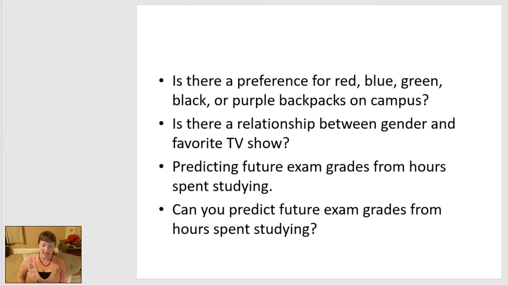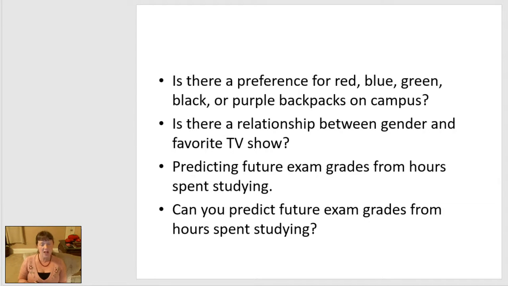Next one. Is there a relationship between gender and one's favorite television show? So imagine yourself walking around asking people these questions. First, you have to ask people their gender. And so that is going to be a group-based variable. People are going to say, I'm a man, I'm a woman, I'm intersexed, I'm gender fluid, I'm something, but the answer is going to be a word, right? And then you're going to also ask them a second question.